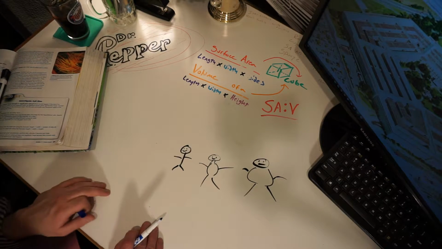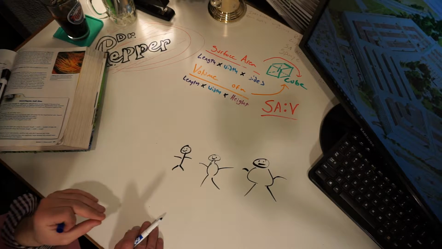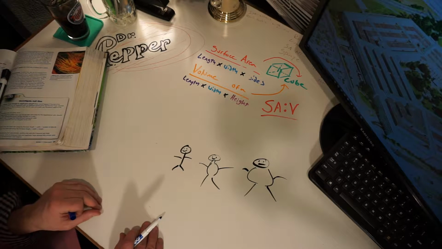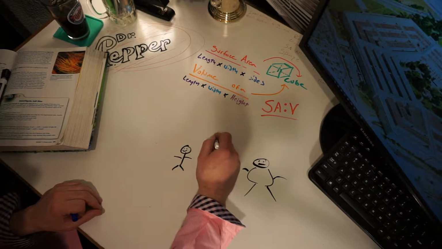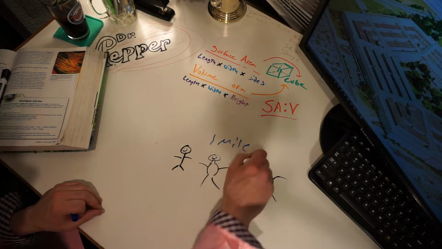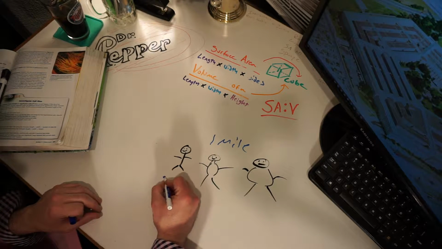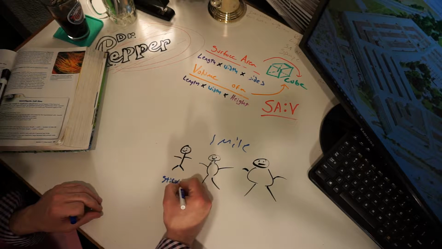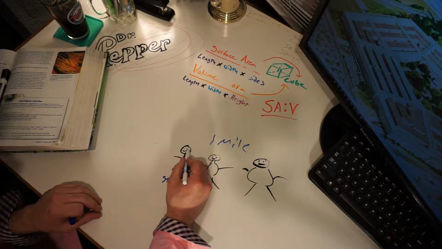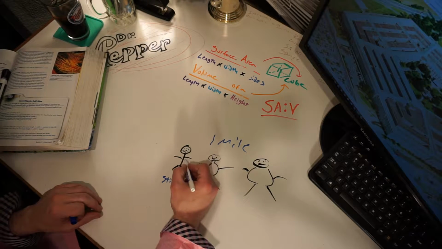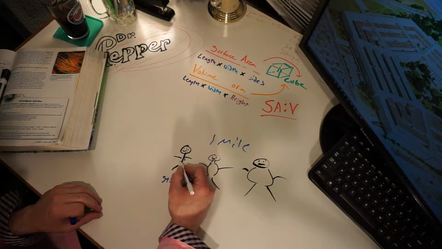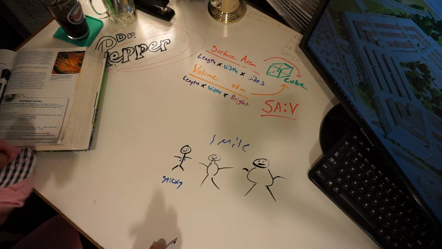But have you ever noticed that the bigger a person is, the more that they sweat? So we run a mile. Stickman here, barely breaking a sweat. Couple beads of sweat down his face, maybe little drips here. He's doing all right.